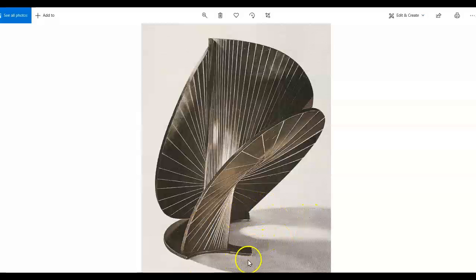Let's just take another little look at this, the repetition and variety. So we've got these arcs here going on that are mimicked by, these are sort of negative arc spaces with positive arcs, right? And straight lines and curved lines.